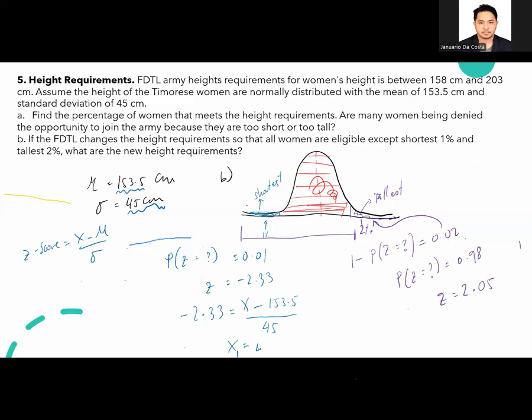Let's call this x1. I get about 48.65 centimeters. What about this one? That will be 2.05 equals the x value minus 153.5, divided by 45. So these are the x values.